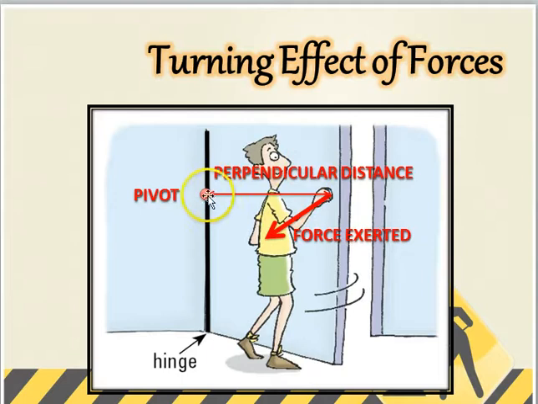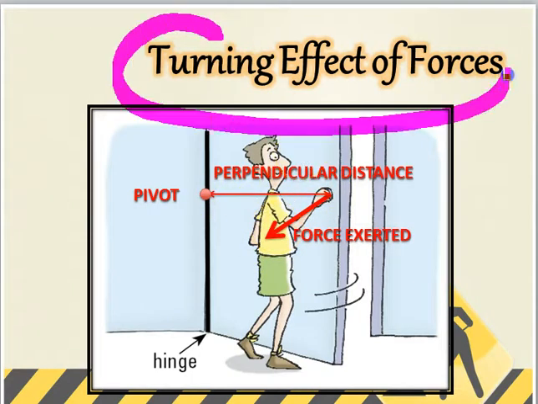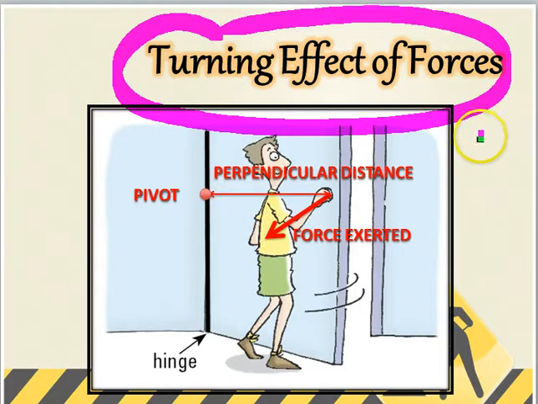The perpendicular distance is from the hinge to the door, and the force exerted depends on how hard he pulls. And these two factors combined together, we term it as the turning effect of the force, which is also known as your moments. Okay, so as long as anything turns, yes, that is moments.